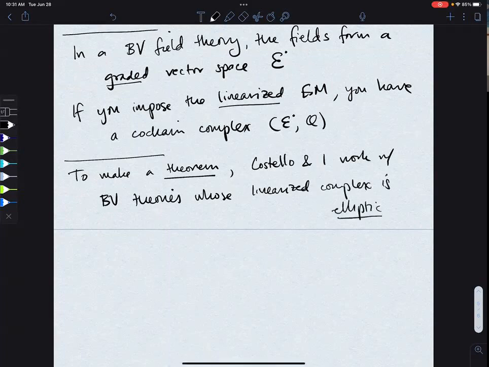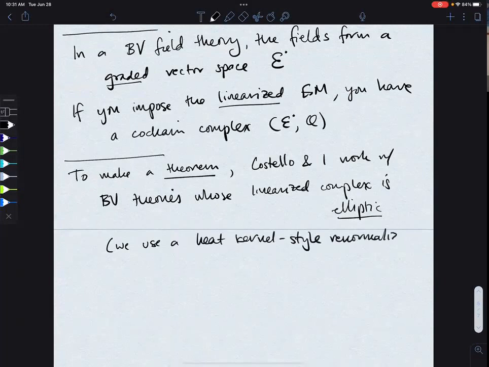That's so that we can use all this nice analysis around elliptic operators to do the renormalization. So we use a heat kernel style renormalization framework.